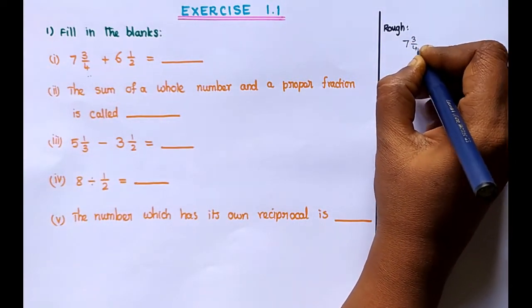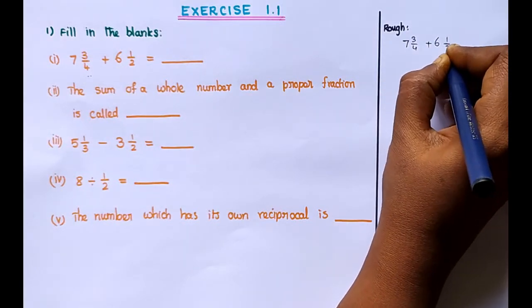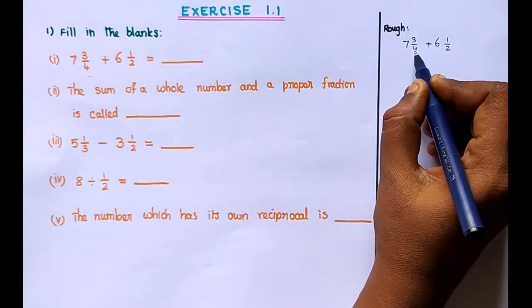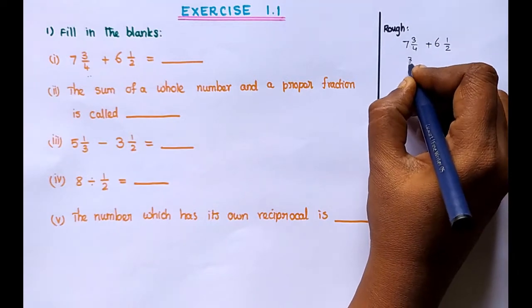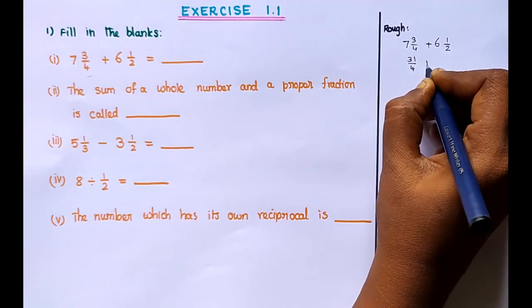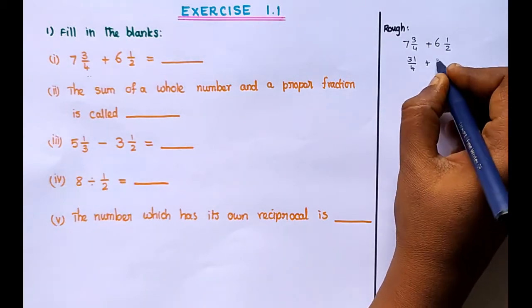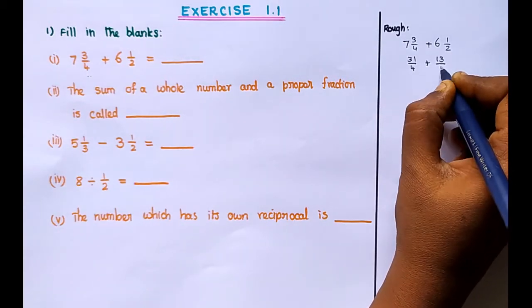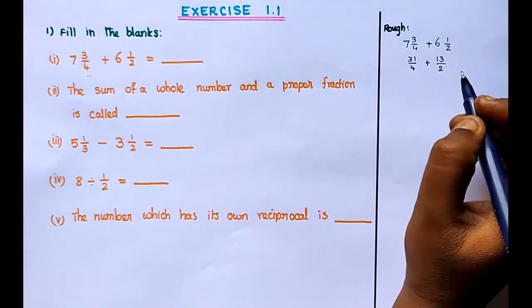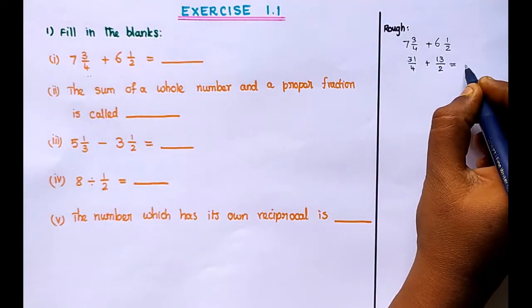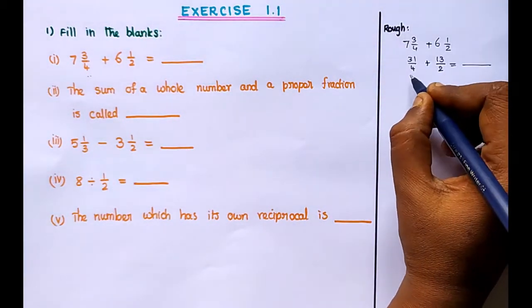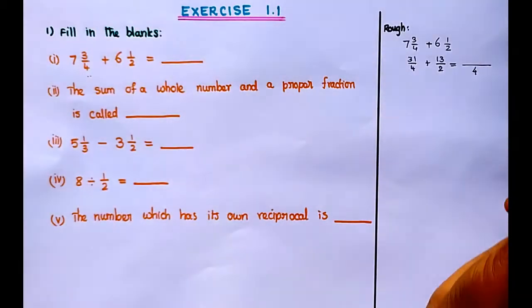7 3 by 4 plus 6 1 by 2. 7 4s are 28 plus 3, 31 by 4, plus 6 2s are 12 plus 1, 13. Write the divisor. Now, take the LCM for 4 and 2, we get 4.